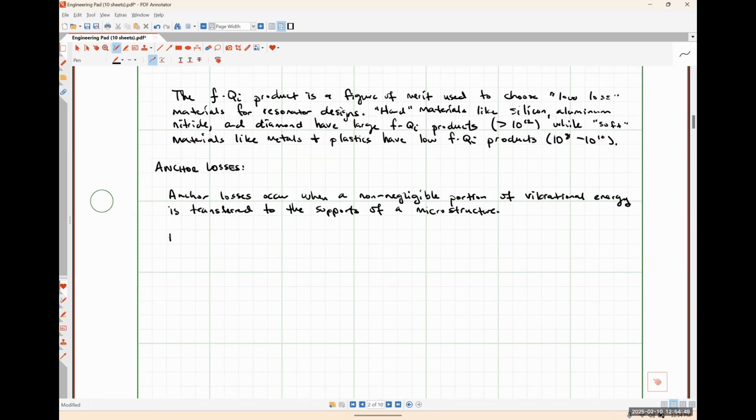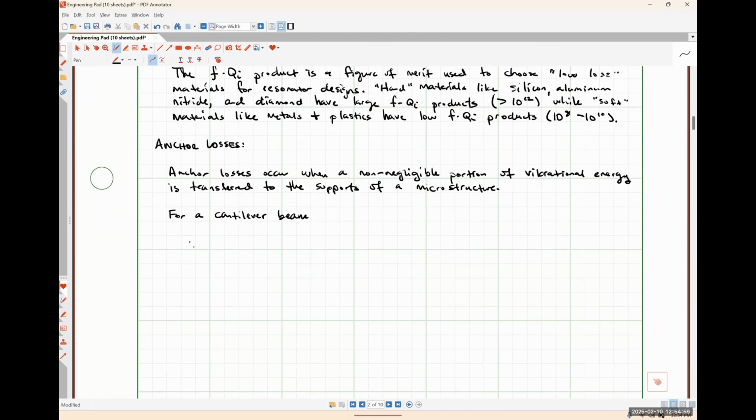For a cantilever beam, the anchor losses have been found, based on computer simulations, to be approximately equal to 2.17 times the ratio of the length of the beam cubed over the thickness of the beam cubed. That's the only information that I was able to find for any specific type of structure.